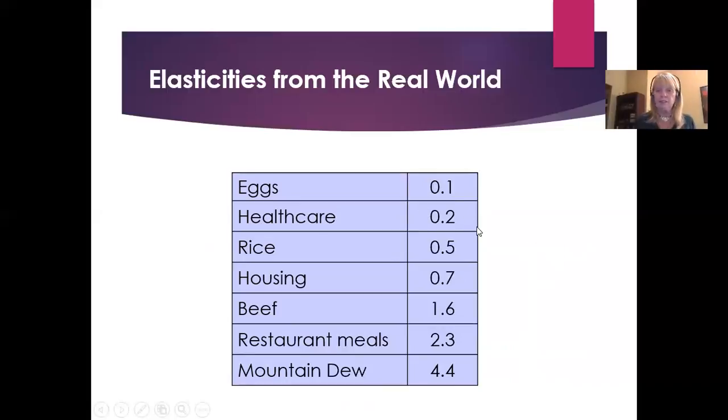Healthcare, you can see, is almost as inelastic as eggs. Rice is pretty inelastic. Housing is inelastic. But then we kind of cross over into elastic demands: beef, restaurant meals, and Mountain Dew. As these numbers get bigger, the more sensitive people are to price.